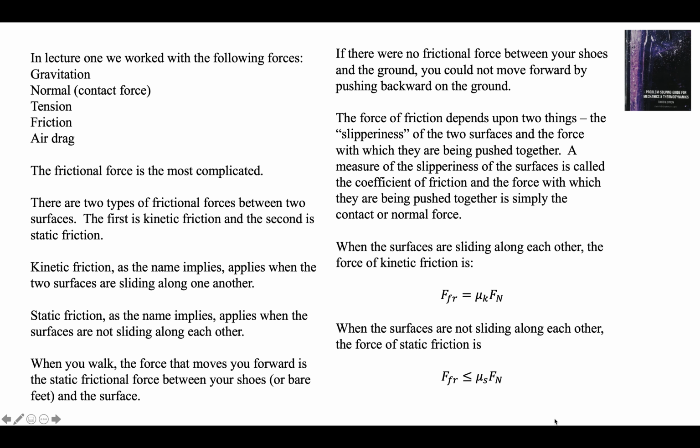If the car's parked on a 5-degree hill and it's not moving, you can calculate the frictional force on it, but you cannot calculate the coefficient of static friction. You don't know how slippery the road is yet. You have to break it. So the maximum possible static frictional force is mu static F sub n.